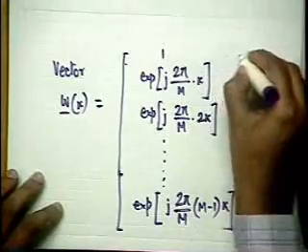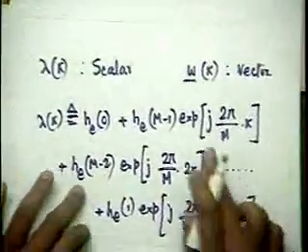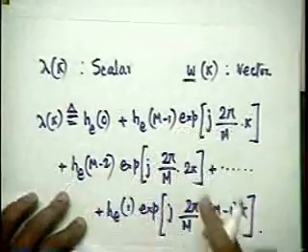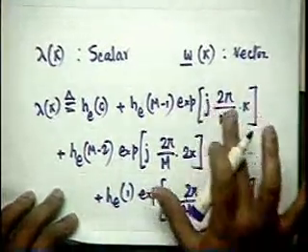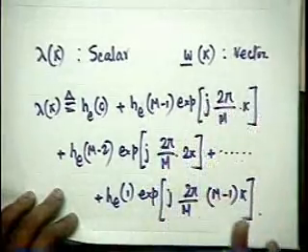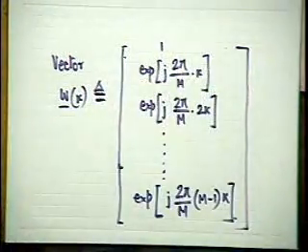That means whatever complex exponential coefficients I considered in this series, I compose them into a vector, and that is defined as my wk vector.